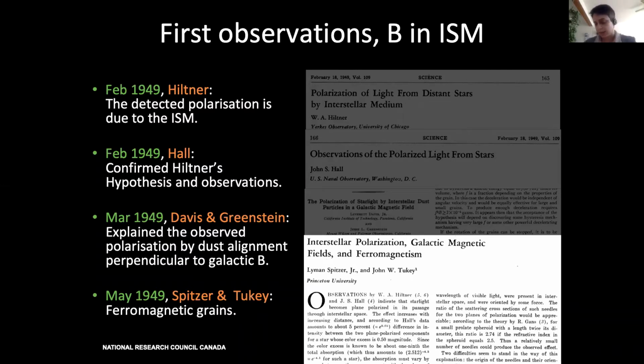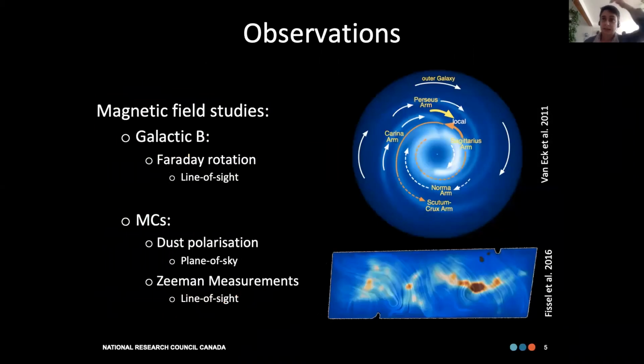And we have come a long way since then, and we have various techniques to detect magnetic fields in the interstellar medium. Some of these include Faraday rotation, dust polarization, and Zeeman measurements. Faraday rotation has been widely used to detect the large-scale galactic magnetic field and magnetic field of ionized regions, and it provides the line of sight component of magnetic field.